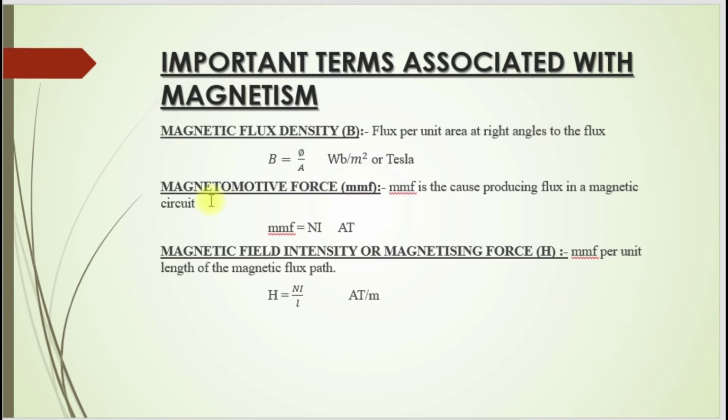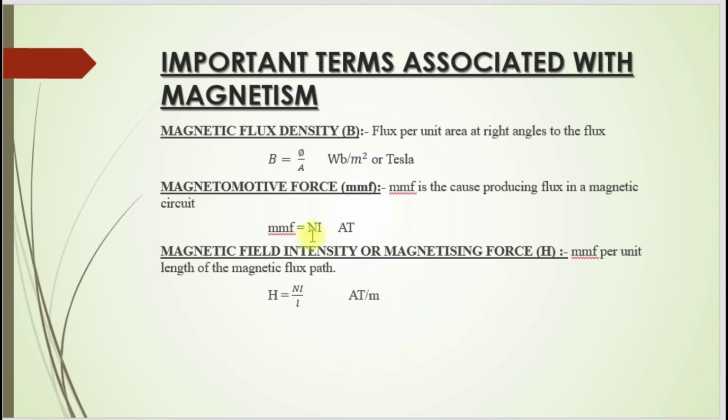The next term is magnetomotive force. You know, in electric circuit, equivalent to magnetomotive force is EMF. Same here, MMF means it is the cause producing flux in a magnetic circuit. That MMF can be represented by NI.